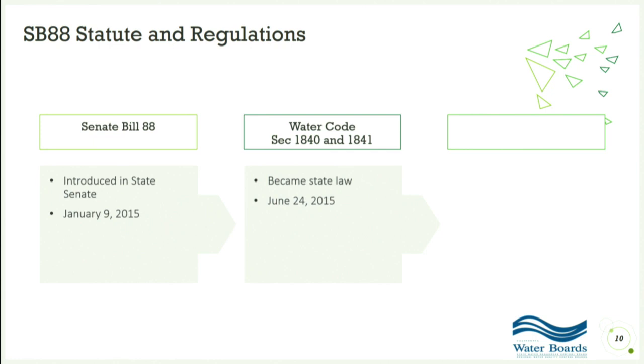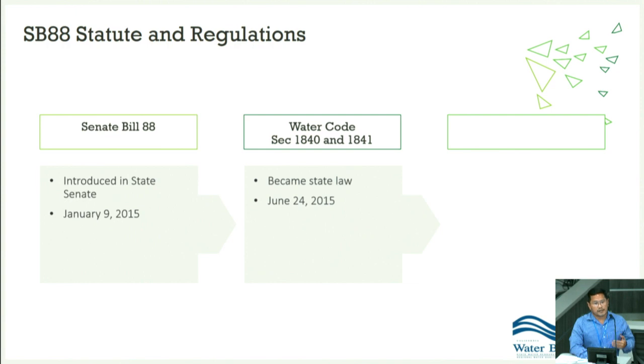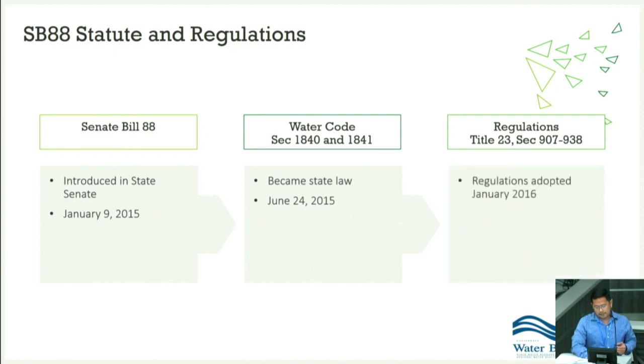The statute authorized the State Water Board to come up with implementing regulations to fill in the details of how we're going to collect more and better data. So the division staff and the State Water Board developed the draft regulations.